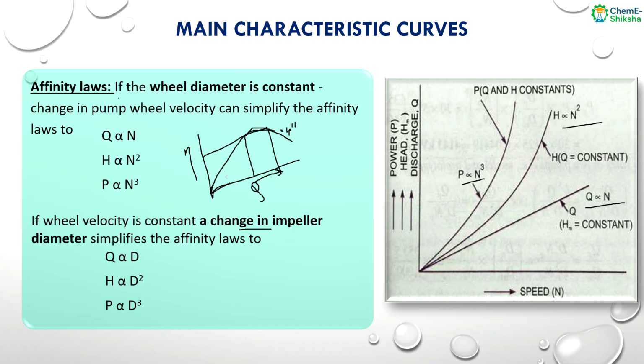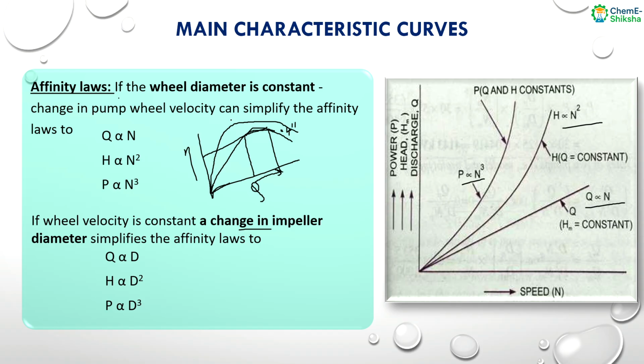Now if we increase the diameter, keeping the wheel velocity N constant, we know that the head and Q also increase. So the efficiency curve will again start from this 0 point and go like this.